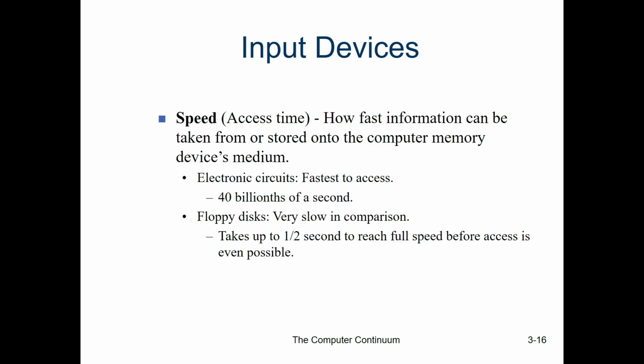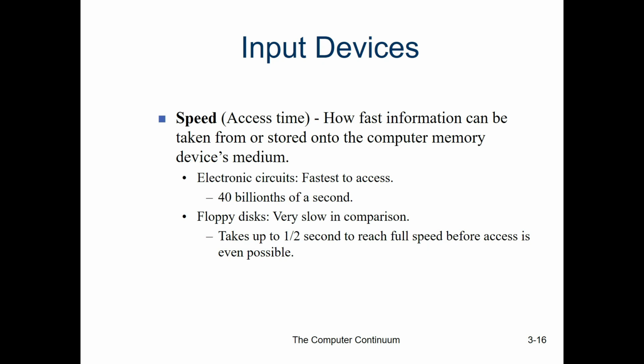First we have speed or access time: how fast information can be taken from or stored onto the computer memory device or medium. So how fast we can store information into the memory, or how fast we can retrieve information from the secondary memory. That is what we call speed.